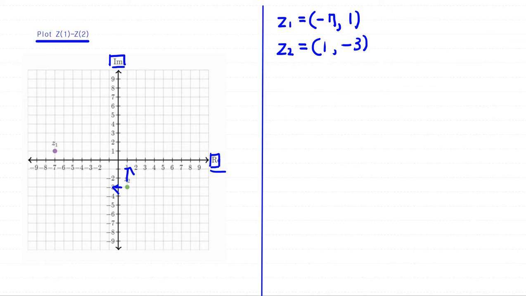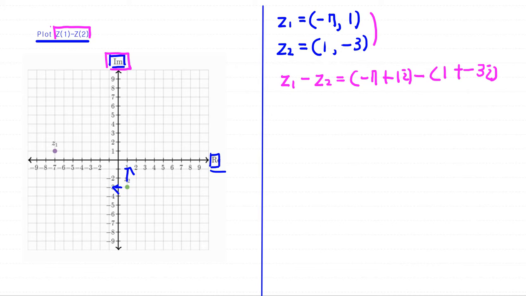So we can simplify these expressions by subtracting z1 minus z2. z1 minus z2 is equal to -7 plus 1i. It will be i, because it is the short sign of an imaginary number. And for z2, it is 1 plus -3i.